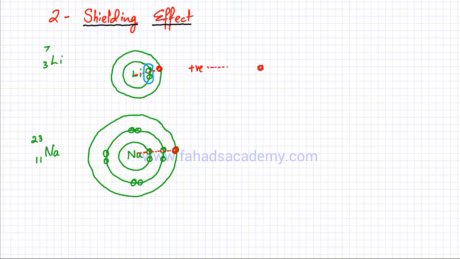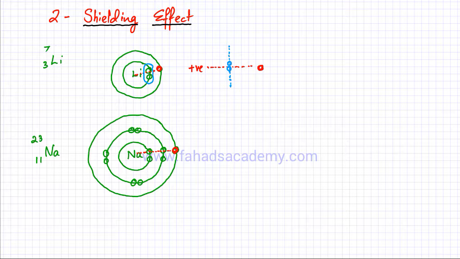Let's say this is the force of attraction between them. And there are 2 electrons coming right in the middle, and these 2 electrons are creating a blockade. They're blocking the positive nucleus from attracting the electron. So there's a kind of barrier in between them, and this is going to decrease the force of attraction between the electron and the positive nucleus.